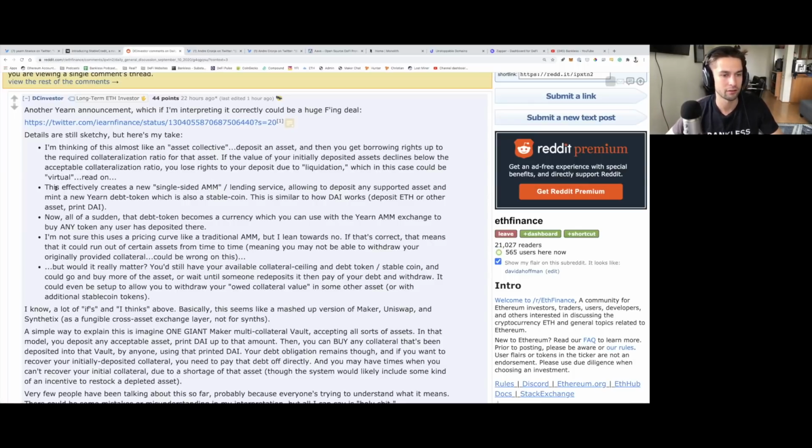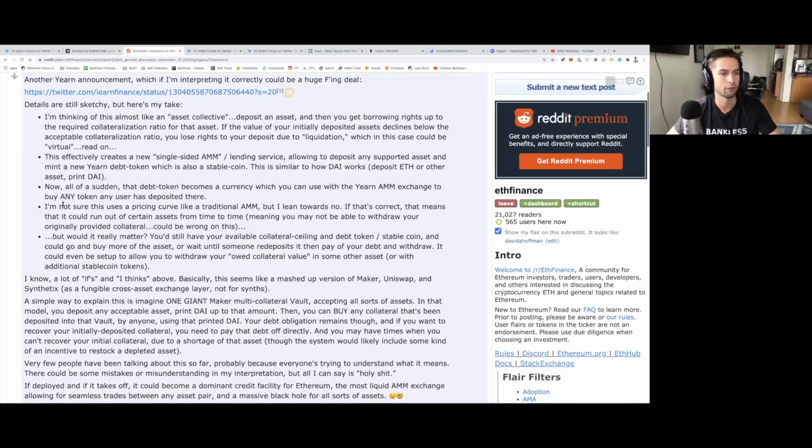This effectively creates a new single-sided AMM lending service, allowing you to deposit any supported asset and mint a new Yearn debt token, which is also a stablecoin. This is similar to how DAI works: deposit ETH or any other asset, print DAI. Now, all of a sudden, that debt token becomes a currency, which you can use with the Yearn AMM exchange to buy any token that the user has deposited there.